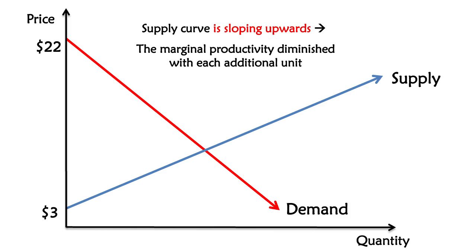The prices on the supply curve reflect the marginal cost of production plus a normal profit. If you produce t-shirts, you add more workers and more machines, but then the product of each additional worker or machine is lower and lower.